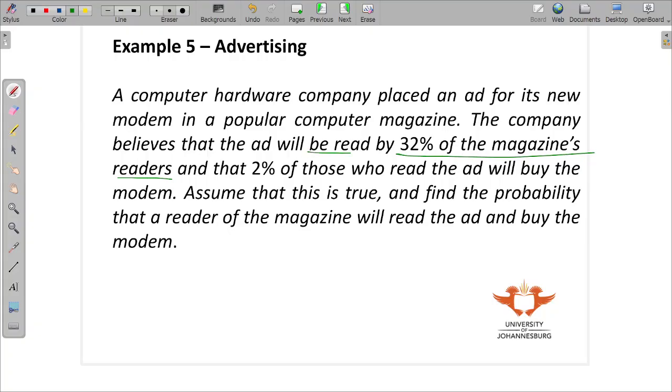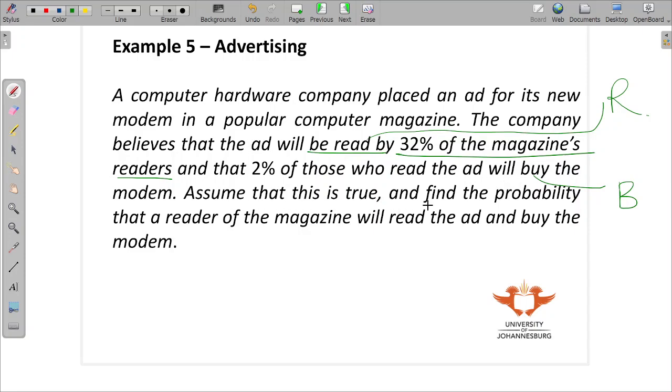So those who read, denote as R, and 2% of those who read the advert will buy the modem. Okay, so we have another event called buy. So we have those who read, and those who buy. Alright, so 2% of those who read the ad will buy the modem.